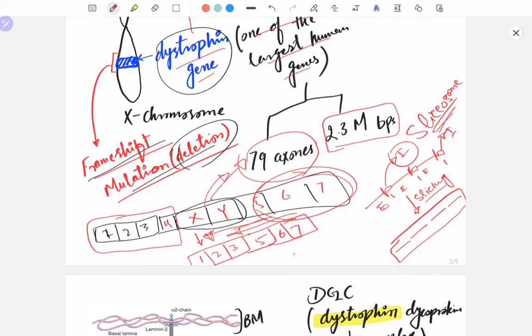These are non-encoding and remain in the nucleus, and these exons make the coding strand of DNA. That's why these are the exons, and this protein contains 79 exons.